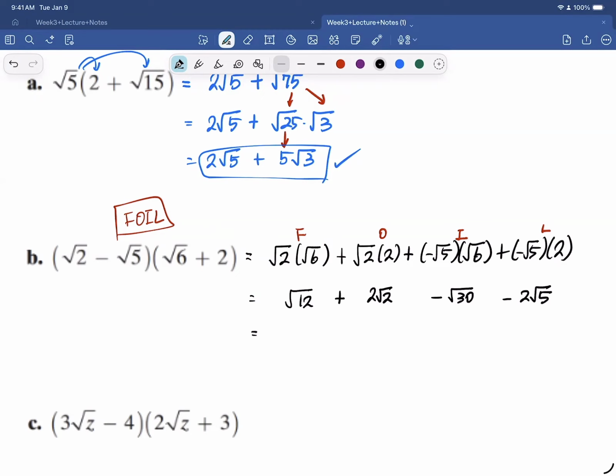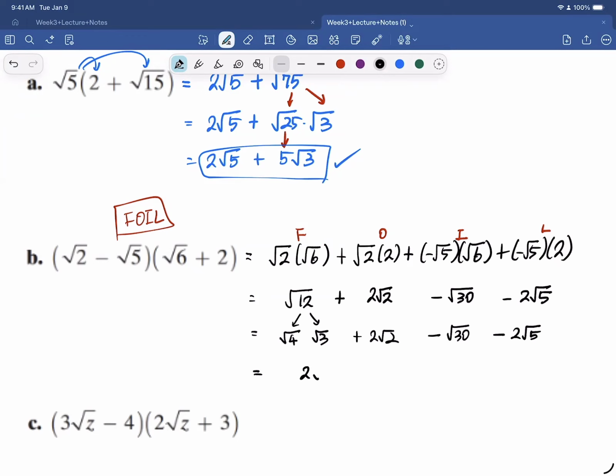This one, you can do 4 times 3. The 2 square root of 2, you cannot simplify. Square root of 30 is 5 times 6, none of them is a perfect square, so you cannot simplify. And 2 square root of 5 is just like that.